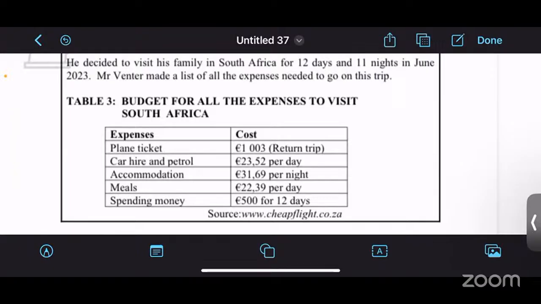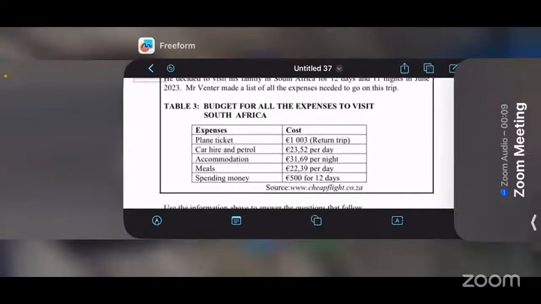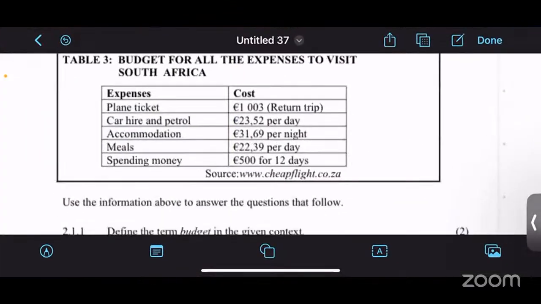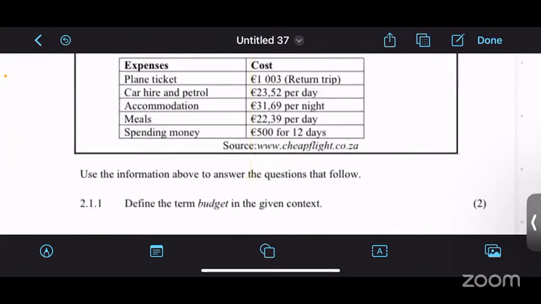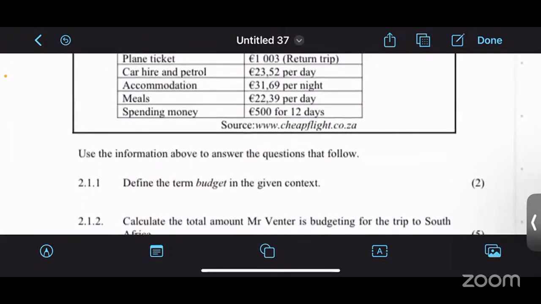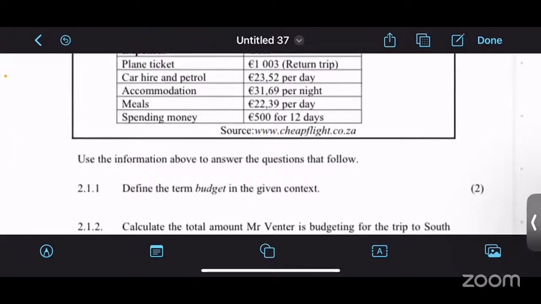And then the source is www.cheapflight.co.za. That is where they got the information for the flights, car hire, accommodation, and probably meals.